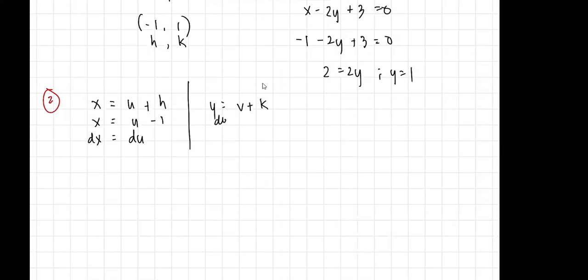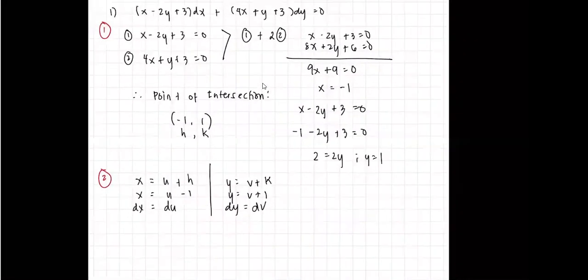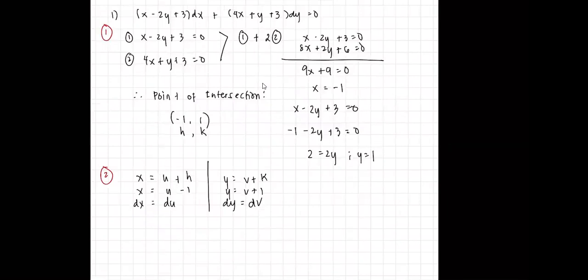Substitute muna natin yung value ng k. So we have y = v + 1. And then derivative is equals to dv. Okay? So when we have this value, we can now substitute this to the original equation.